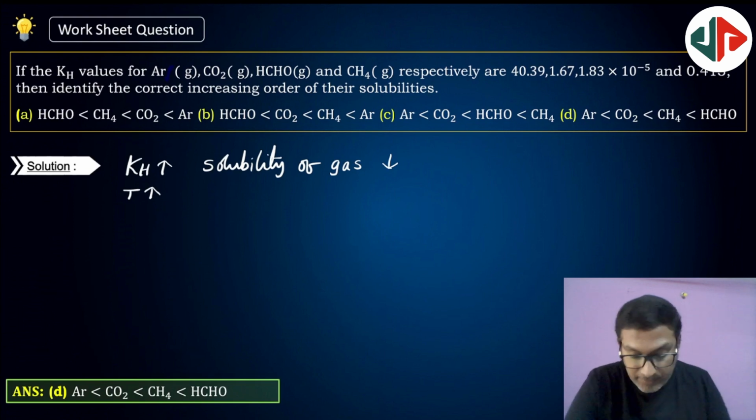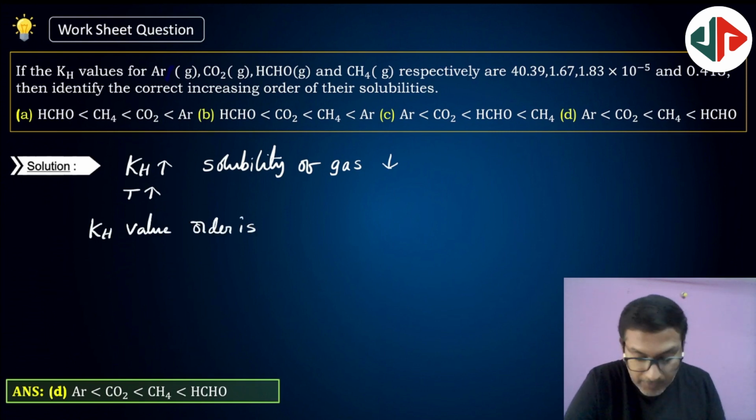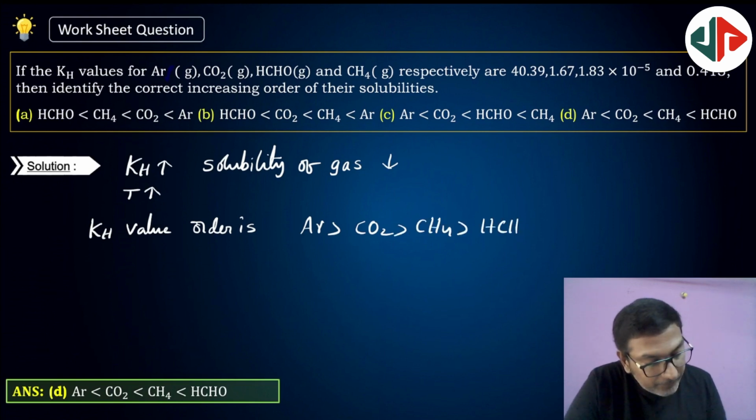The KH order is argon highest, next CO2, next CH4, next formaldehyde.